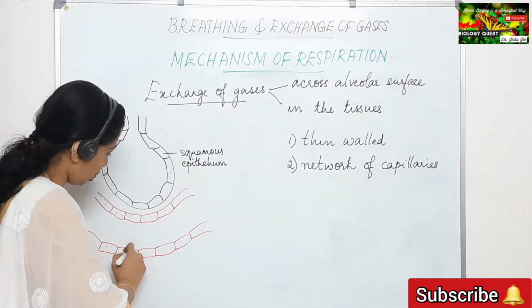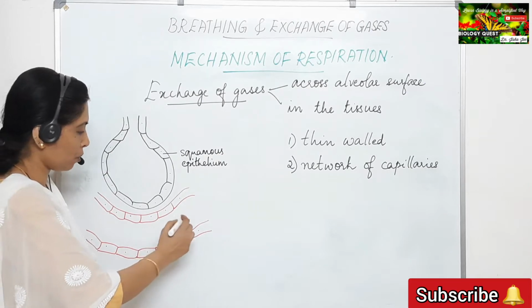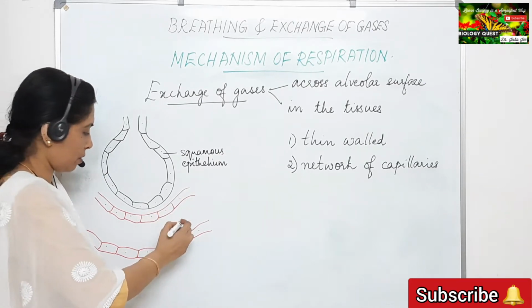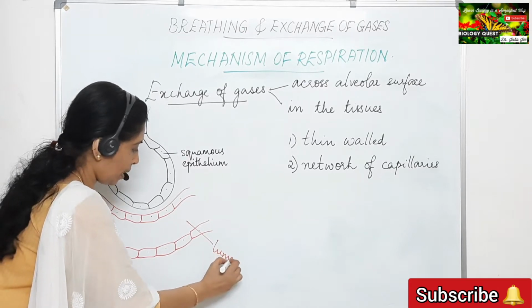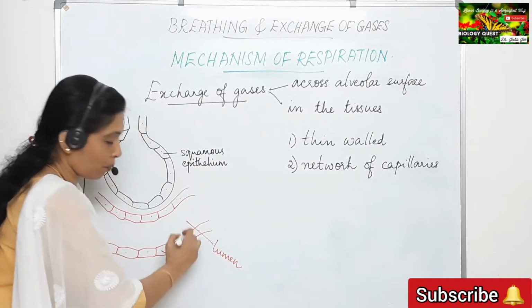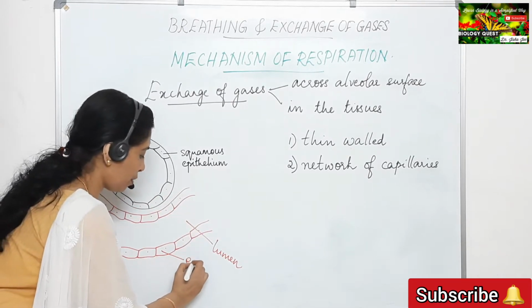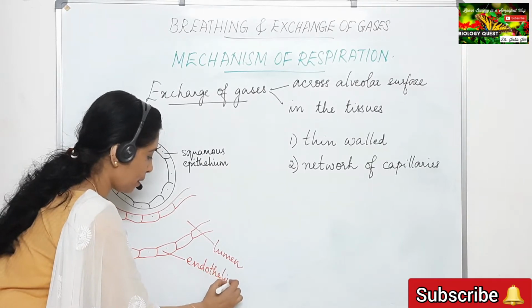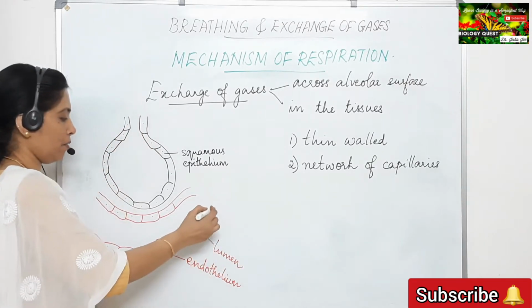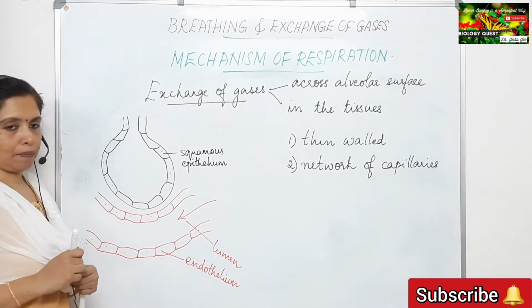The space in between the two walls is the lumen of the capillary through which the blood flows. That is the lumen of the capillary. That is the one cell thick wall of the capillary, which is formed of endothelium. That is the endothelium of the capillary. The blood flows through the lumen of the capillary.